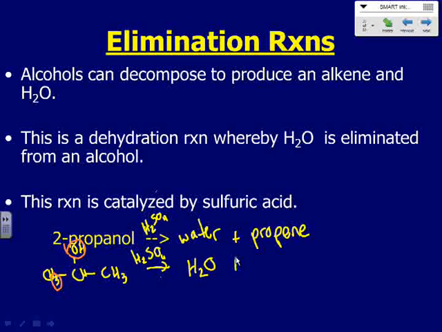When you do that, you end up with now CH2, because one of the H's have been removed with this, a double bond, which is formed between this bond and the H bond being broken, and then a CH and a CH3. Okay? So 2-propanol becomes propene. And that's an elimination reaction. It's a special type of elimination reaction that it's called a dehydration reaction, because we're ripping off water.